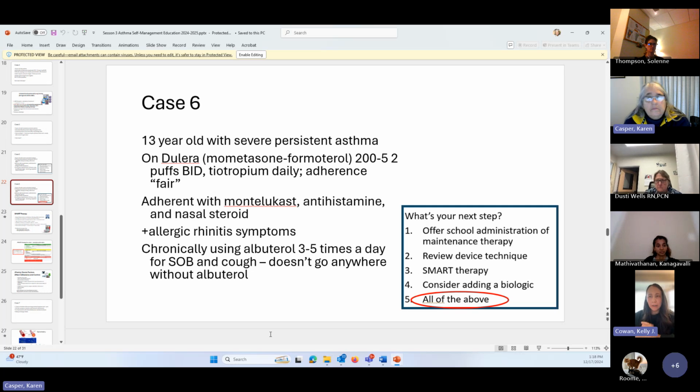This is a pretty dramatic circumstance, but basically, if this child uses her Dulera instead of using the albuterol every time, she should actually treat her problem better. And that would bolster her adherence. And this child's really frightened of being without her albuterol because she can't breathe. So the plan we made was sort of an intermediate plan where she could do either or, so she wouldn't have that fear of being without it.